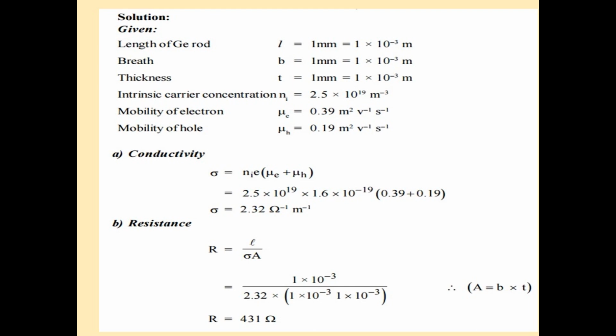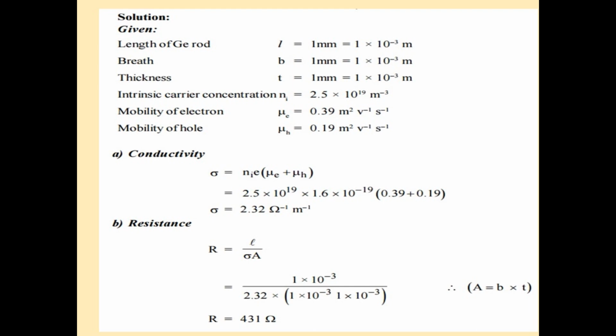This is another model, students. Length of the rod is given as 1 mm, 10 power minus 3 meter, breadth 1 mm, thickness 1 mm. Intrinsic carrier concentration and mobility of electrons and holes are given.